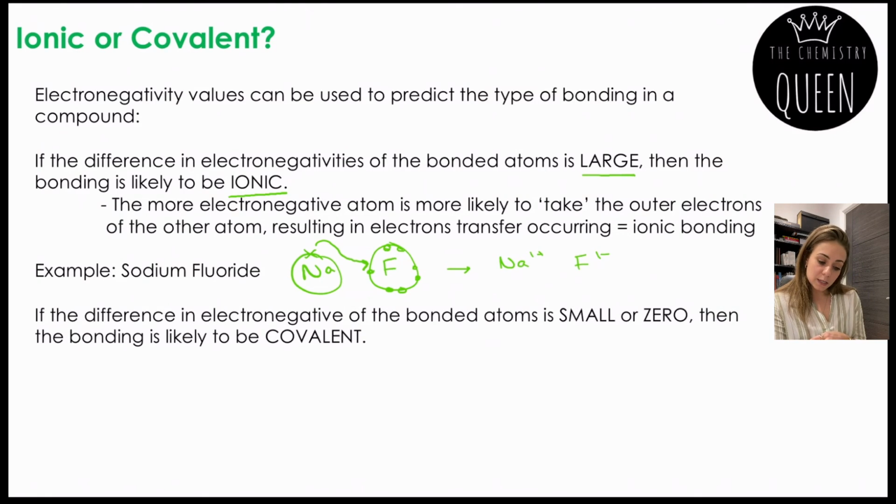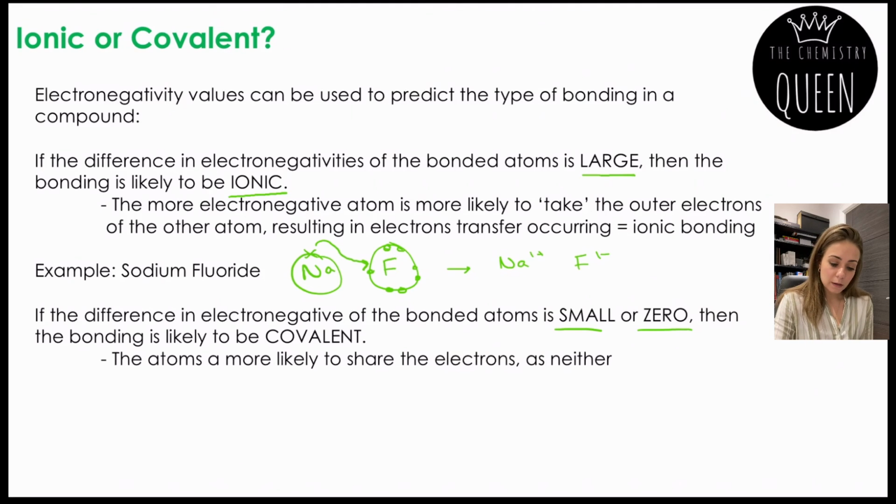If the difference in electronegativity is small or is 0, so you've got the same atoms bonded together, then the bonding is likely to be covalent, because both atoms are fighting for the electrons, but if they're quite similar, neither one of those atoms is going to win out. So rather than taking or transferring electrons, they will share the electrons.